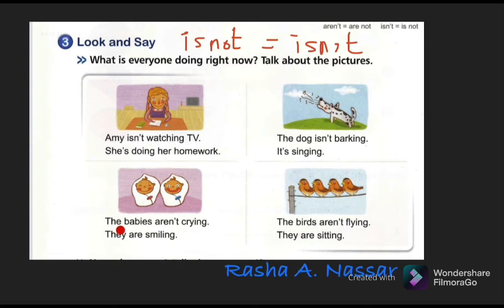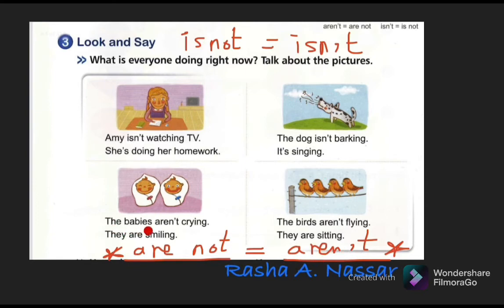Number 3, the babies aren't crying. Again, I have here are not, the same as aren't. Do you remember, my dear students, long form and short form? This is the long form and this is the short form.